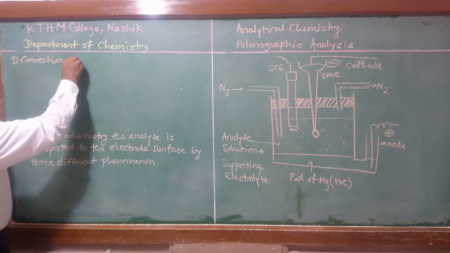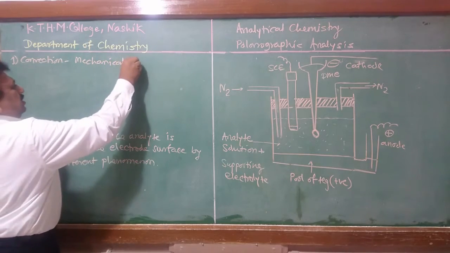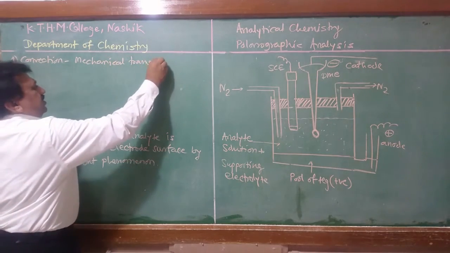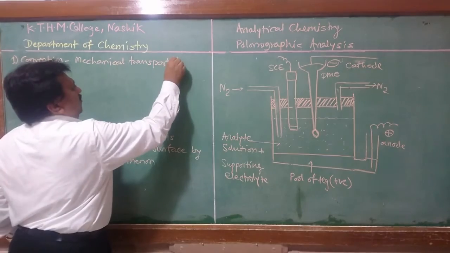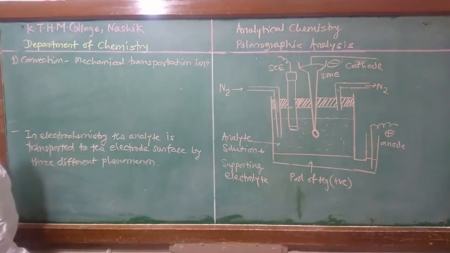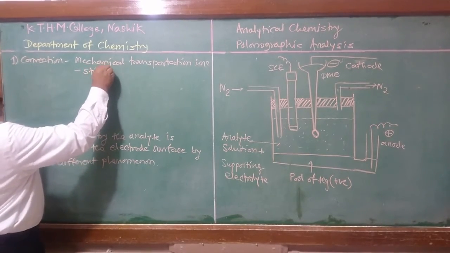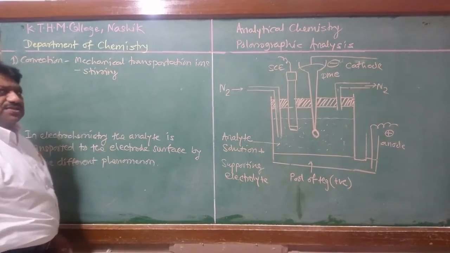Convection is the mechanical transportation of ions to the electrode surface, and it is done by stirring the solution. The solution is stirred or mixed.